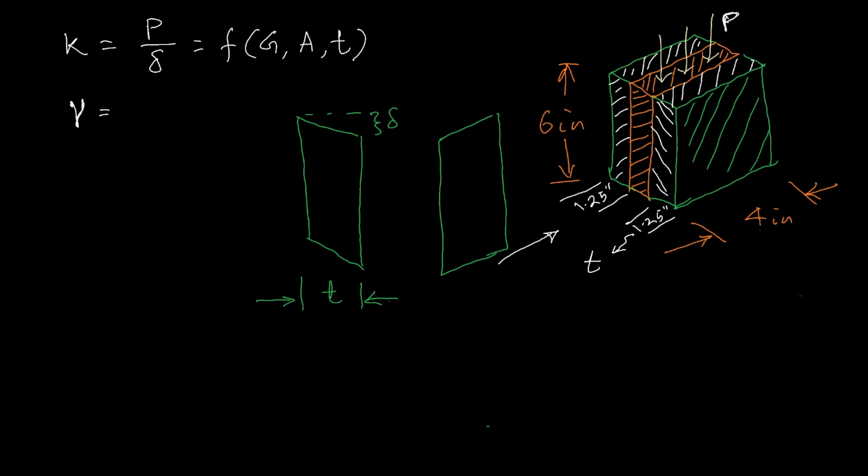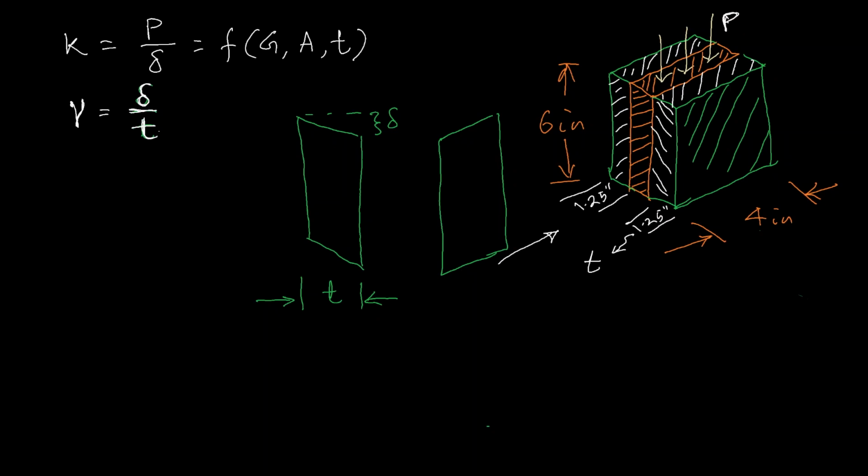Now gamma is nothing but delta over T, because everything is small, and tan theta is approximately theta.